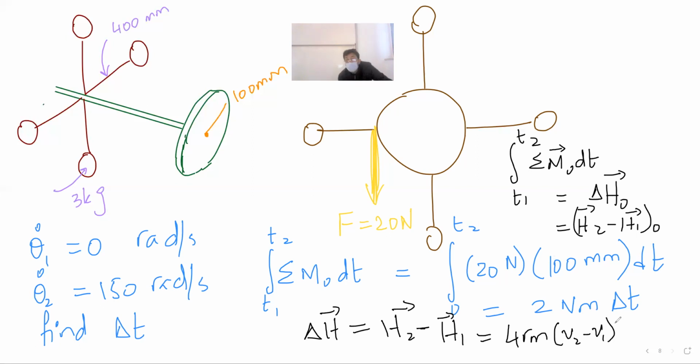And V1 is 0 because it starts from stationary position. So I get an answer of delta H. Let me use an entirely different color. 30.1 kilogram meter square per second.